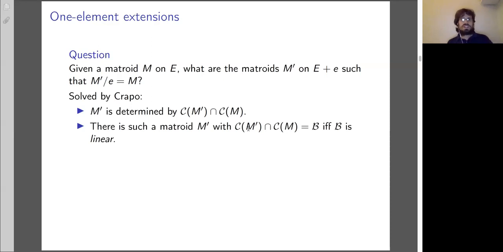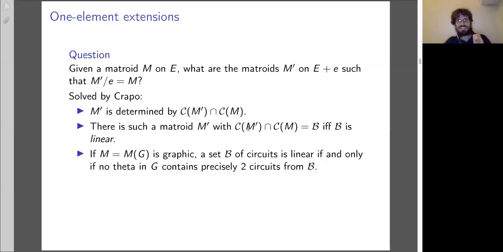And he showed that the sets of circuits which can arise in this way are precisely those which are linear. I don't want to say today exactly what linear means. For our purposes, it'll be enough to know that for graphic matroids, at least, there's a very neat characterization of linear classes of circuits, namely this theta property, that no theta in G should contain precisely two circuits from your linear class.